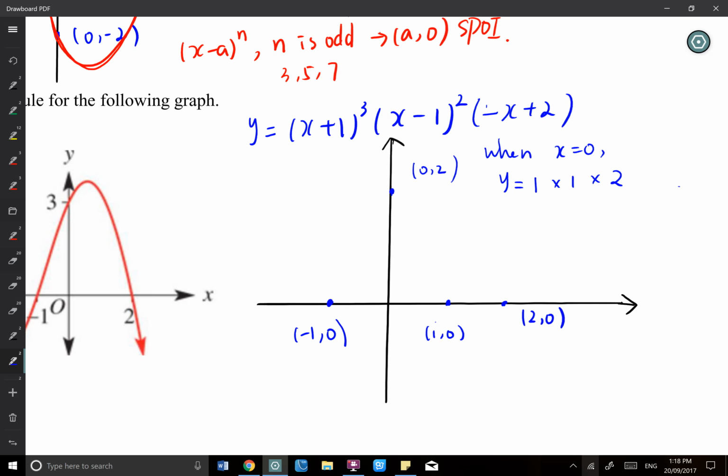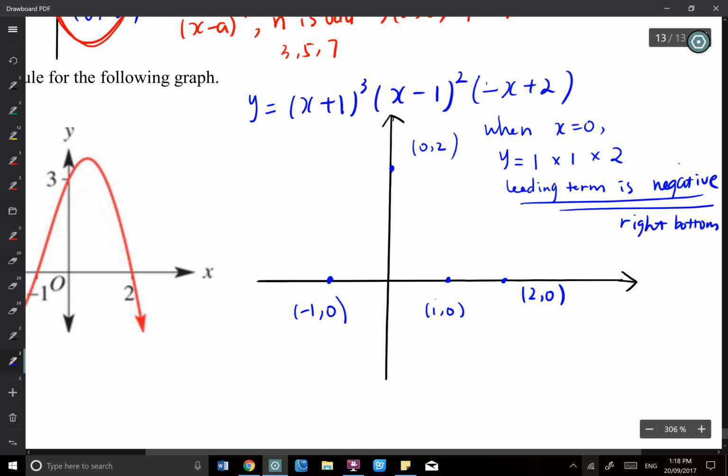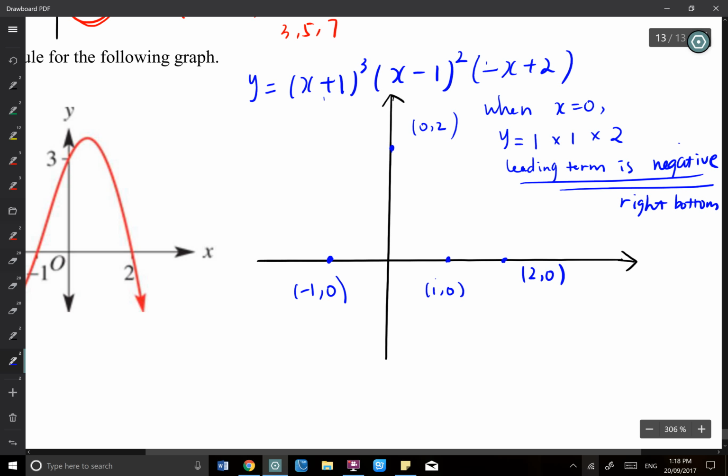Because the leading term is negative, we will start from the bottom right. Also, (x plus 1) is repeated 3 times, so negative 1 becomes a stationary point of inflection. (x minus 1) squared is repeated twice, so that becomes a turning point.